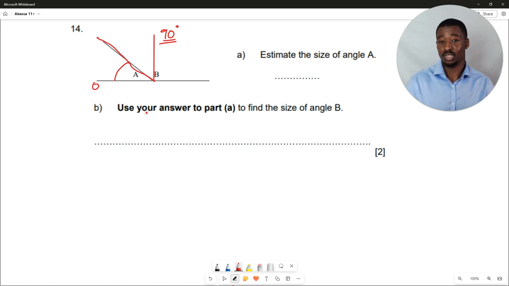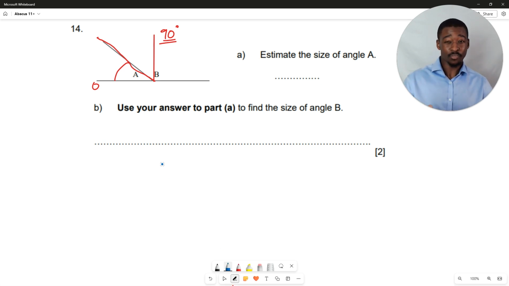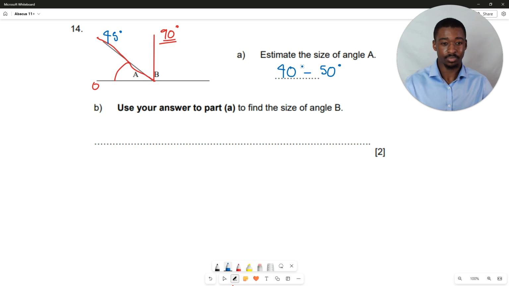So if we're halfway between 90 degrees and 0, then roughly we should be at 45 degrees. So here, there's no exact answer, but I would say for you to get the mark, your answer should be somewhere between 40 degrees and 50 degrees.